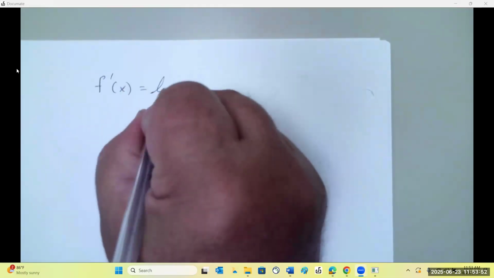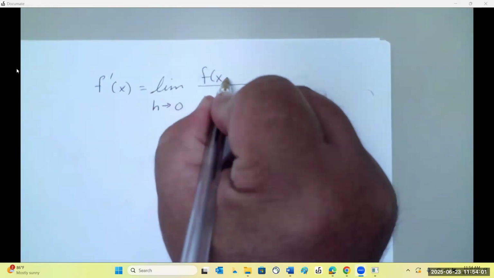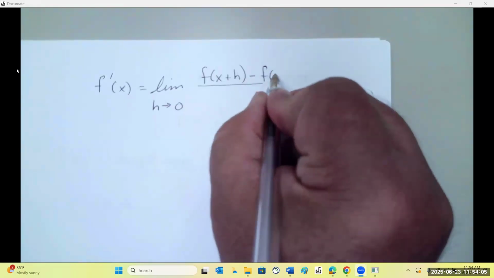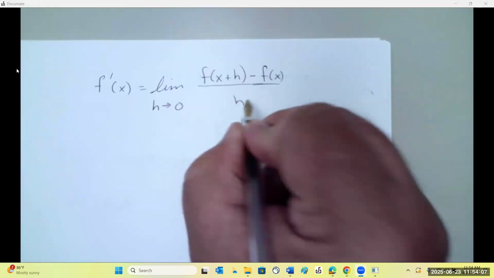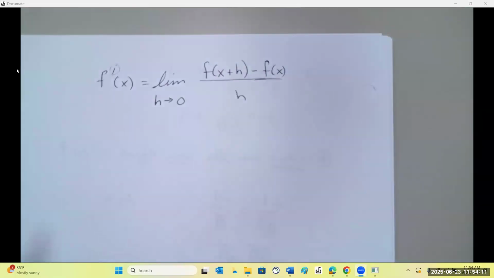So let's look at, since we've discussed derivatives and we've defined them as the limit of that, this is how we first define a derivative. That little symbol there defines a derivative.